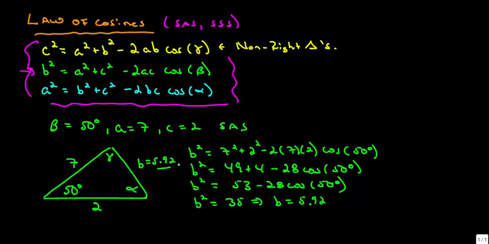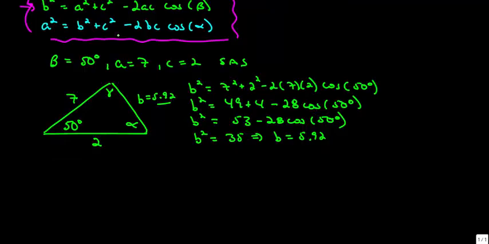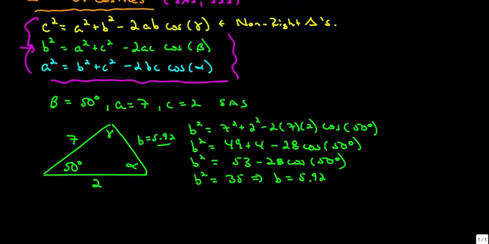Okay. So now that I've got this side, I can solve for the remaining angles. And I'll really only need to solve for one angle, because once I get that, I can use the fact that there's 180 degrees in a triangle to solve the remainder. So now I can use whichever one of these I want, but remember I'm trying to find either gamma or alpha. So I'm going to want to use either the top one or the bottom one. It's really irrelevant.